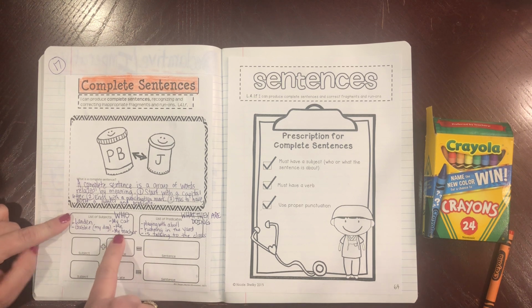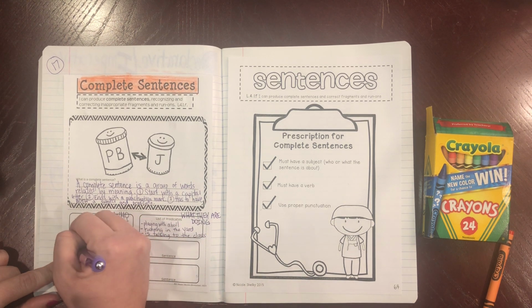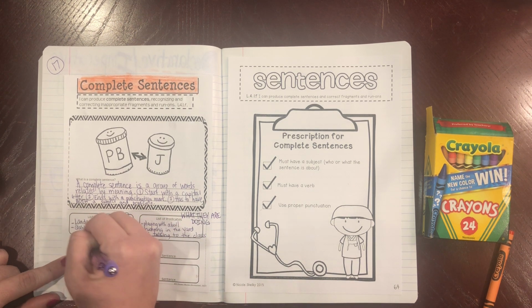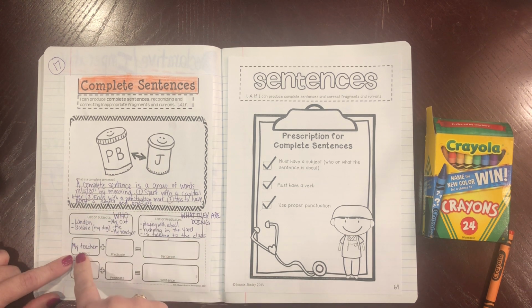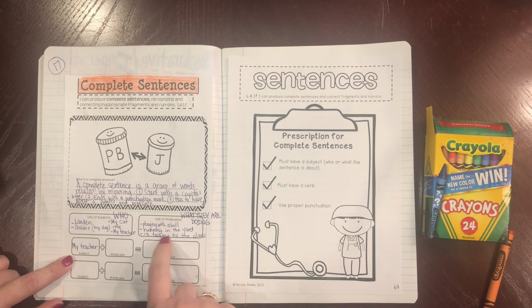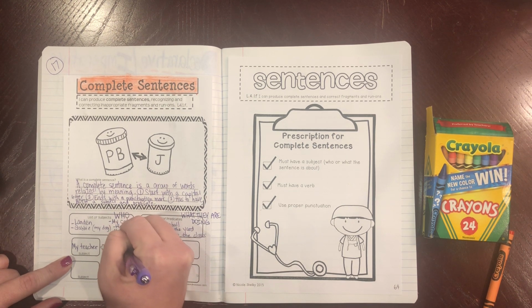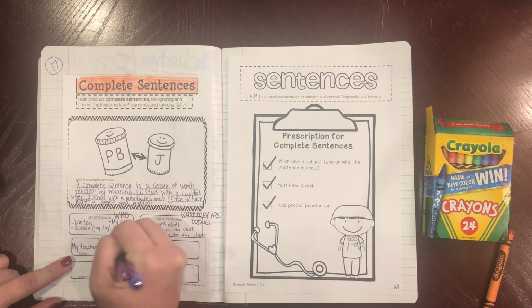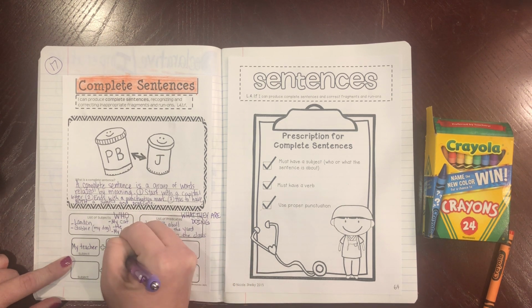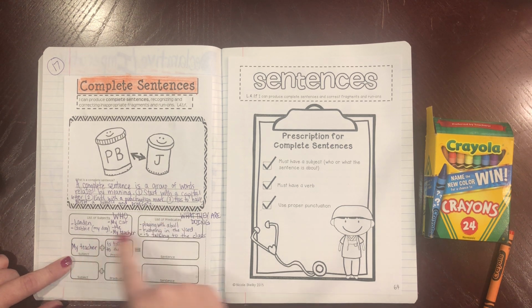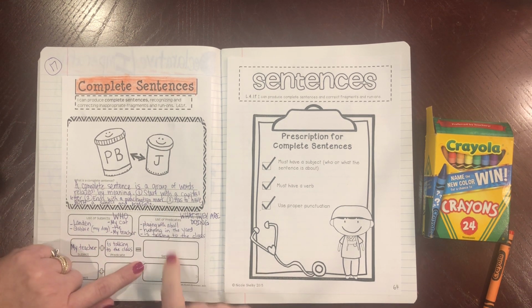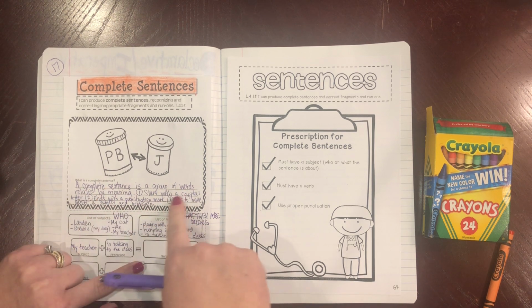So let's take the one about my teacher. So the subject is going to be brought down to put in the subject box, so my teacher. And we're going to take the predicate is talking to the class. So we're going to fill that in, is talking to the class. And we're going to rewrite it as that complete sentence, making sure that we have all three components.